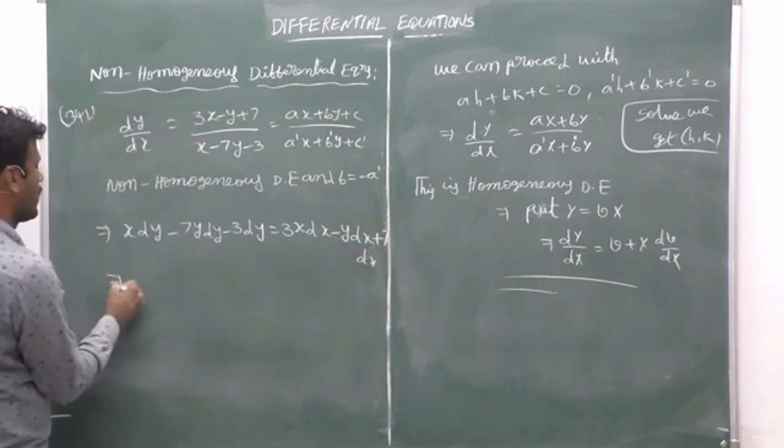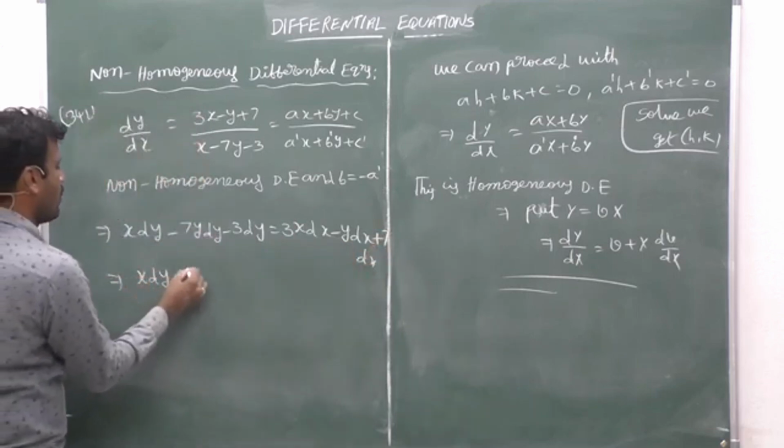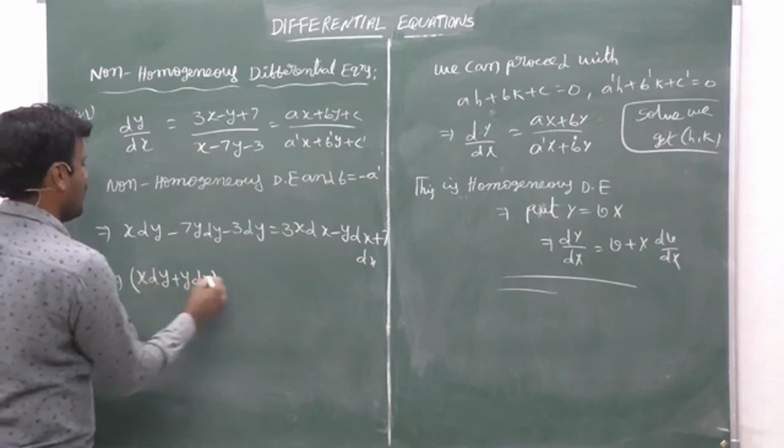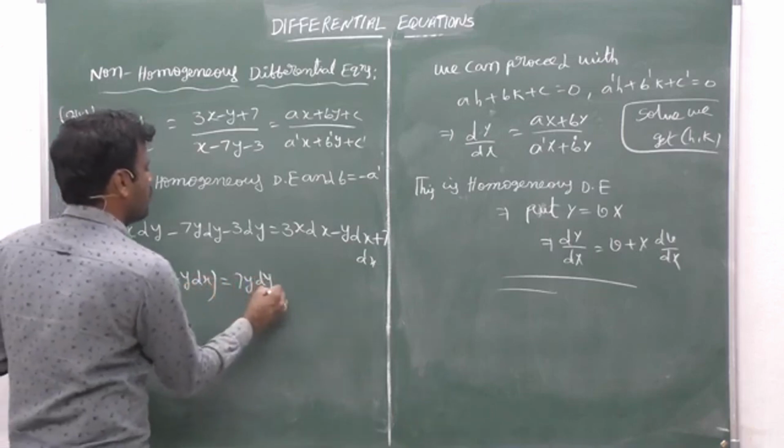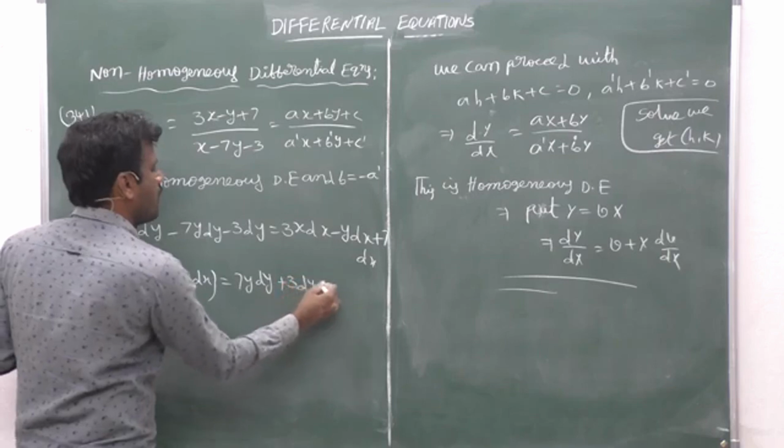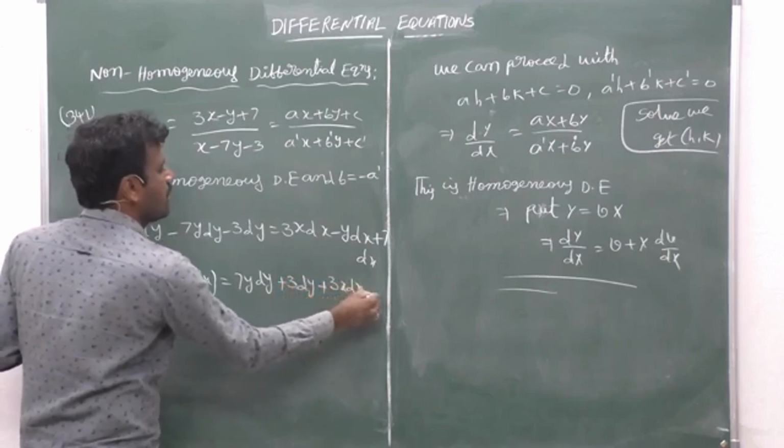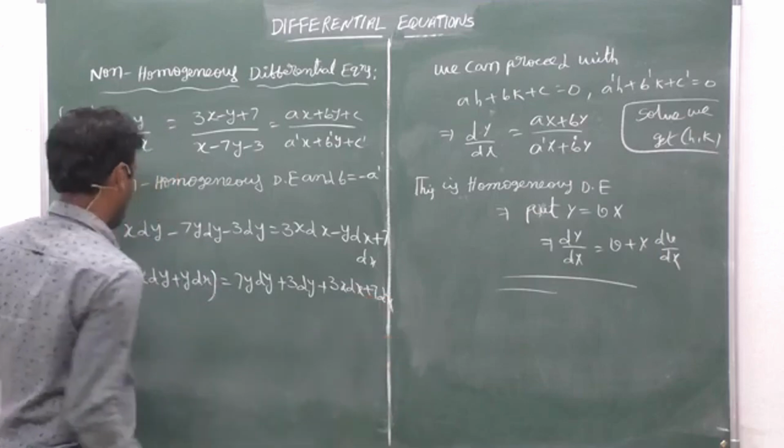Minus y dx goes to the left side: x dy plus y dx. That implies x dy plus y dx equals 7y dy plus 3 dy plus 3x dx plus 7 dx.